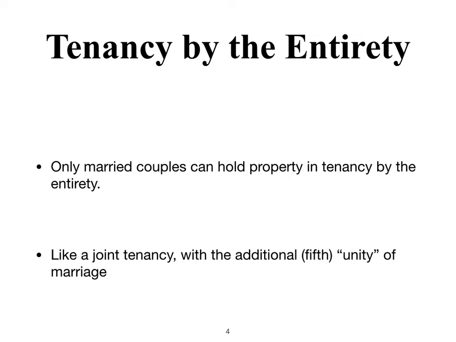And if you use that technique, you had the four unities that you needed. Nowadays, a lot of jurisdictions have eliminated the need for the straw person, and the grantor can create a joint tenancy just by conveying it in a deed to somebody else with him or her as joint tenants.